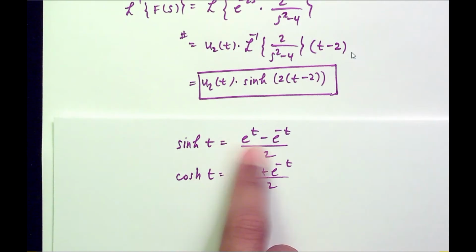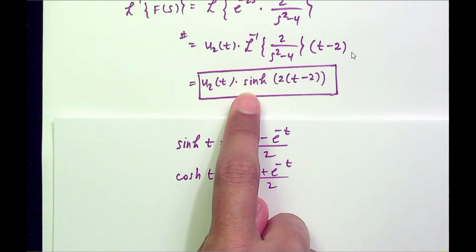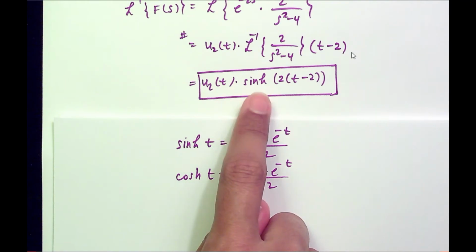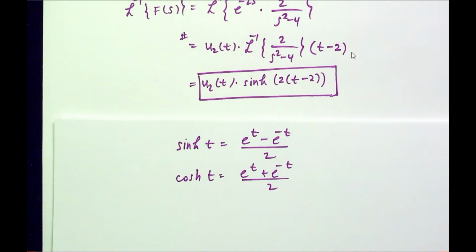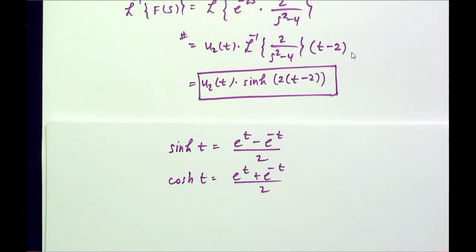Just know what they are, which is this, and know that you can leave the answer like that. If we eventually later need more properties, then I will tell you what those are, but for now we don't really need them. That's it. That's the answer.